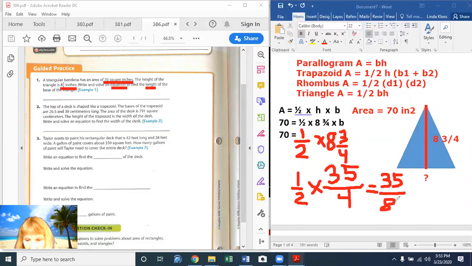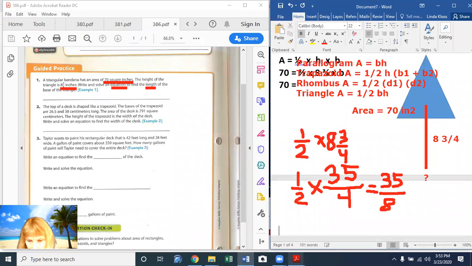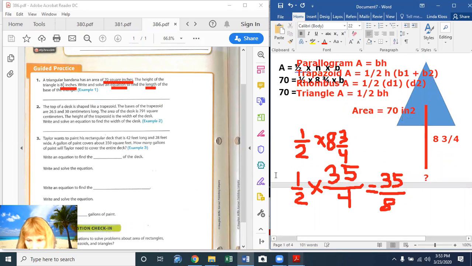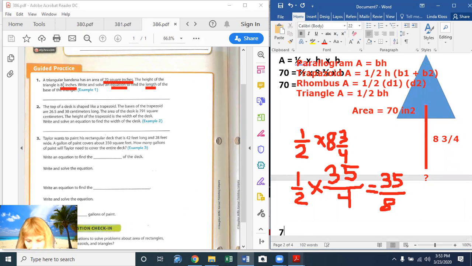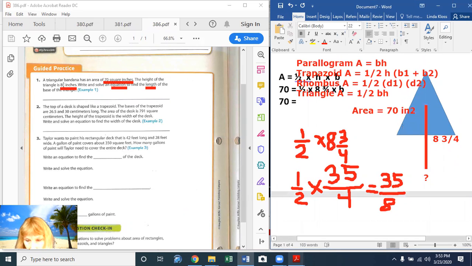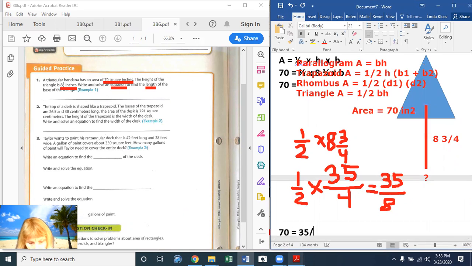Okay, all of that, and I still have my b that we have to figure out yet. So now I'm going to go down a little bit here. So we're going to do 70 equals, we have the 1/2 times 8 3/4, which is now 35 over 8 times b.